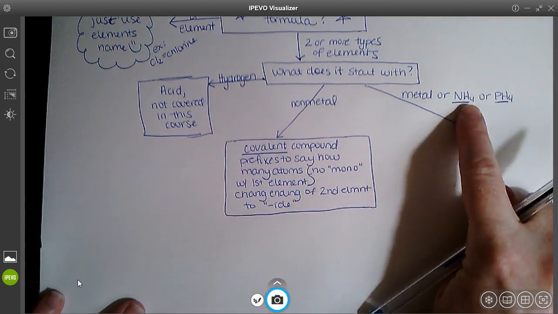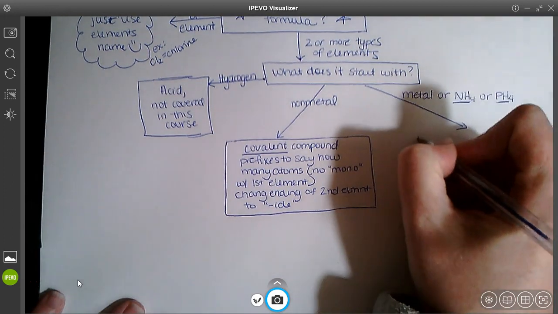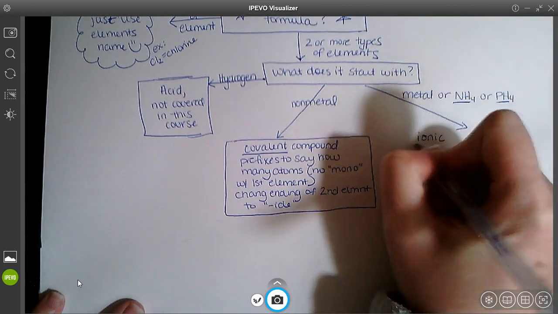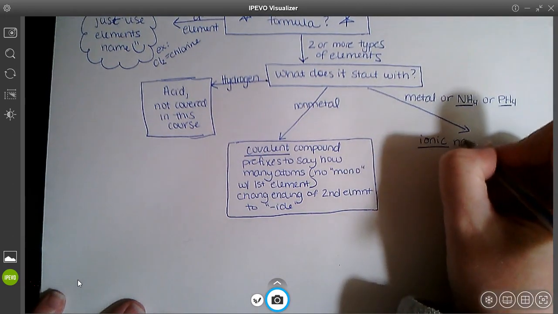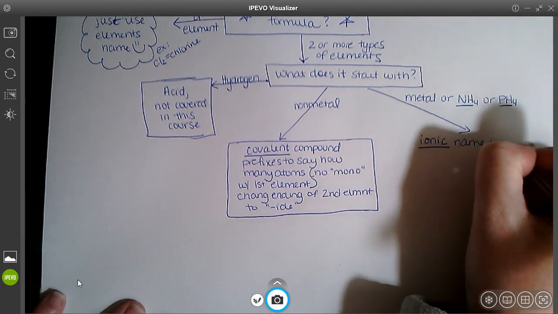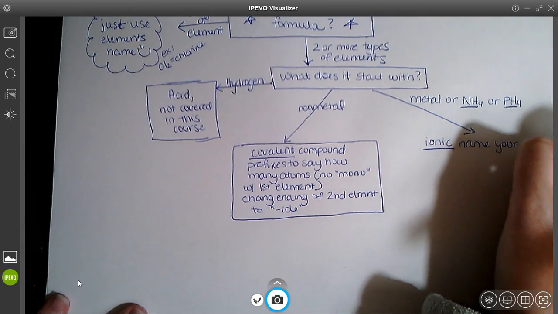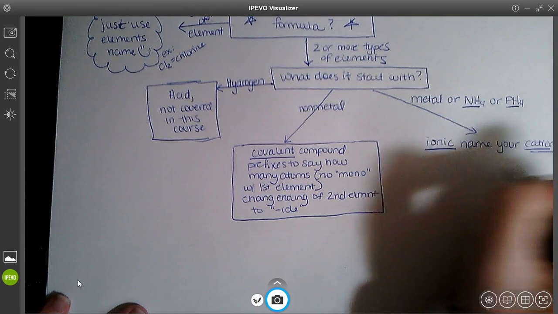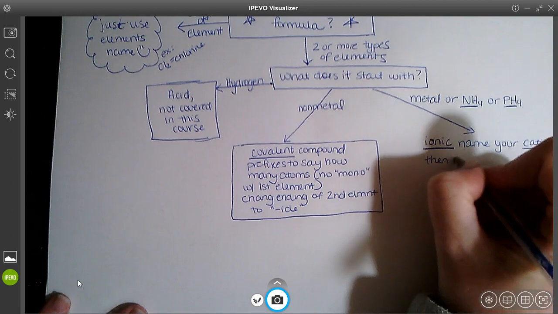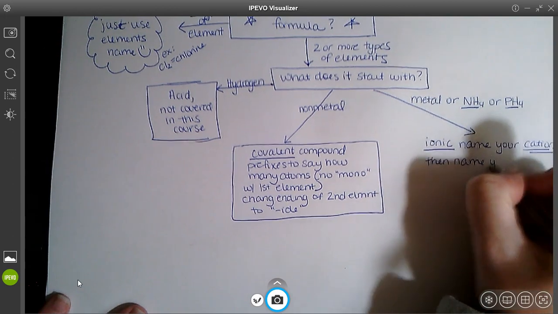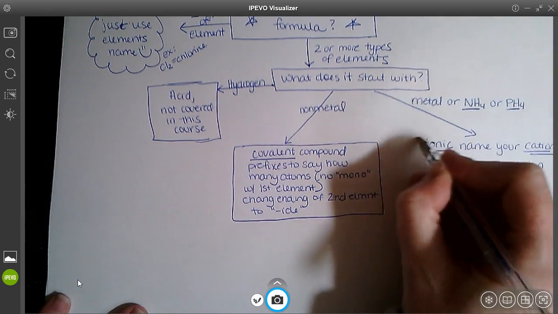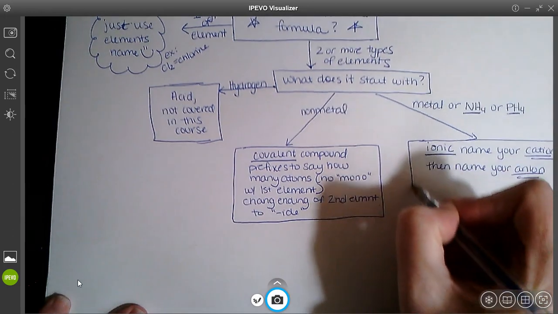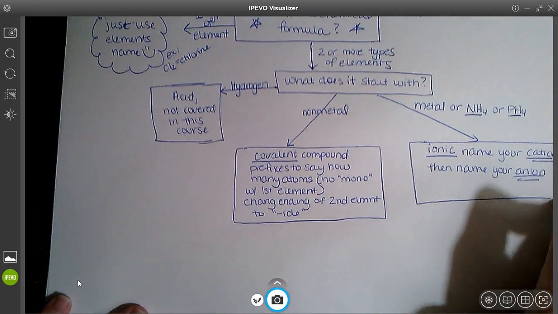If it starts with a metal, an NH4 or PH4, then it's ionic. So this is what we've been covering this unit. So if it's ionic, the way we're going to do this is name your cation, then name your anion. All right.